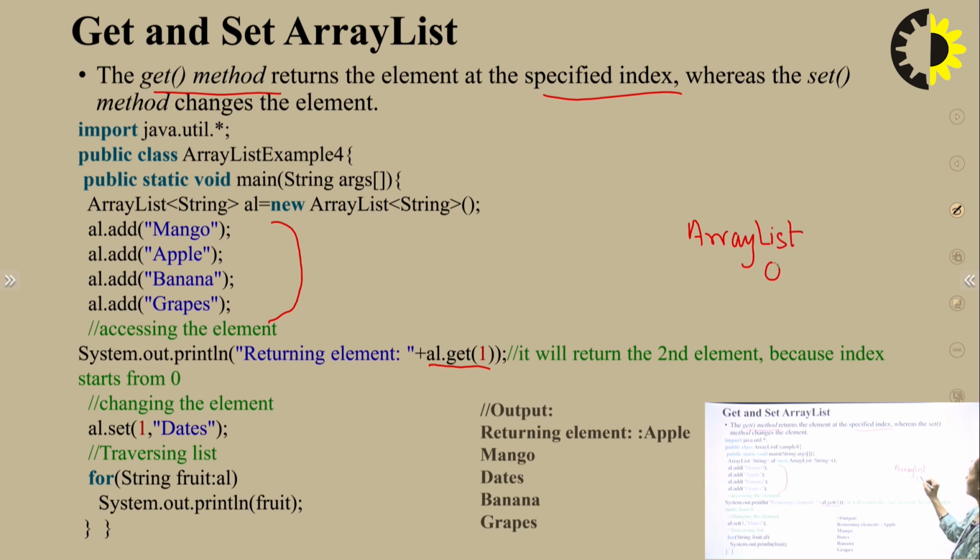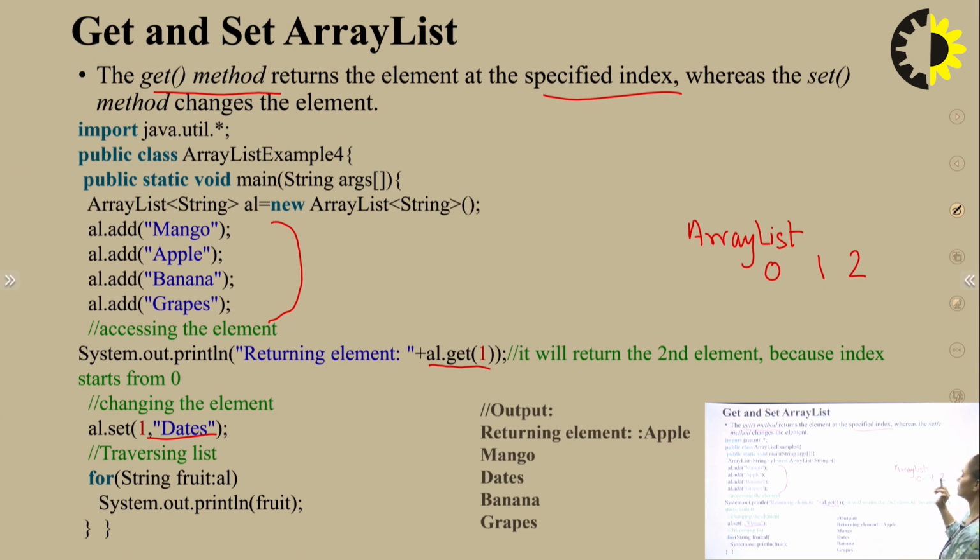So get(1) returns the second element. For changing the element, al.set(1, ...) changes the element inside. From this example we have seen that mango will be updated here.